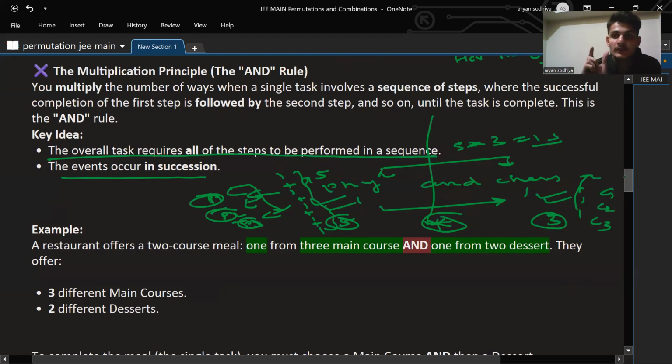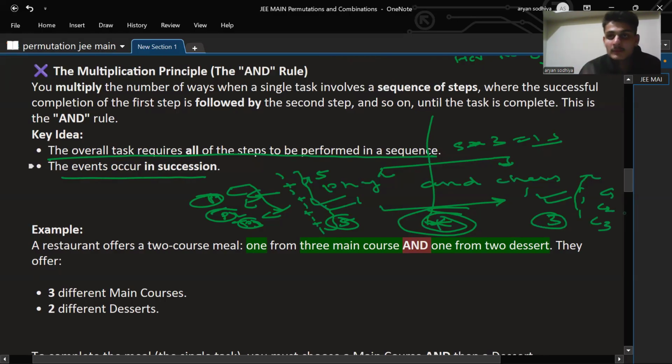You select one physics book from five and you need to select one chemistry book out of three. And is coming, multiply is coming. These are sequential steps, happening in sequence: first physics, then chemistry. First you selected one physics book, then one chemistry book. The sequence is there, so multiplication will come, since both are sequential.